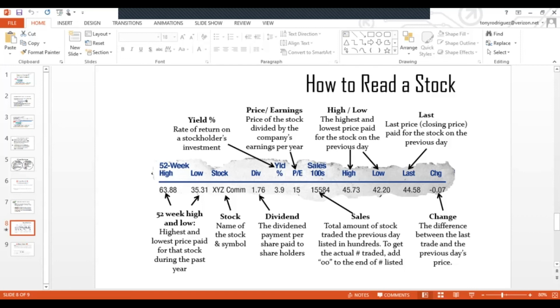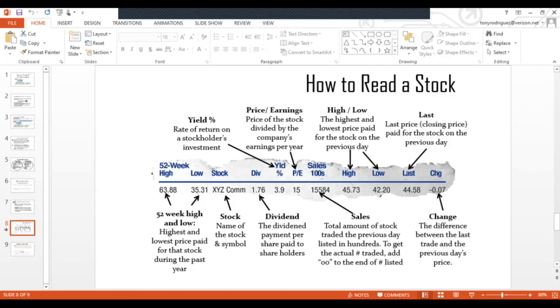All right, so we got the first 3 knocked out, the symbol and the 52-week high or low, okay? Let's move on. Let's go down here where it says high and low. This information is going to tell you, though you're reading it today in the newspaper, information from yesterday about your stock.